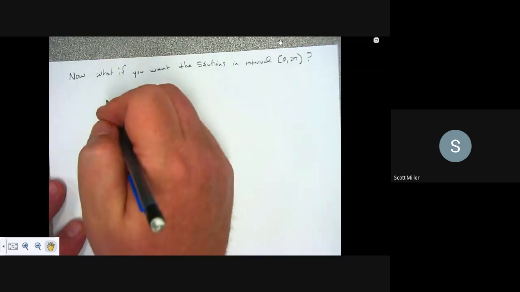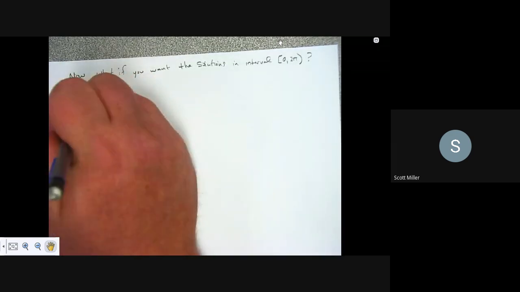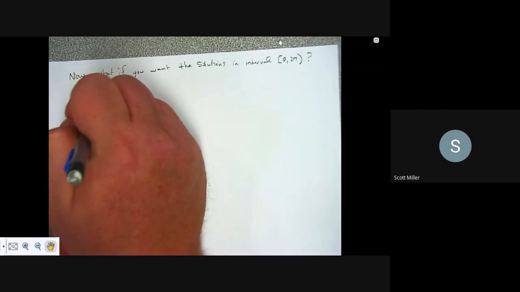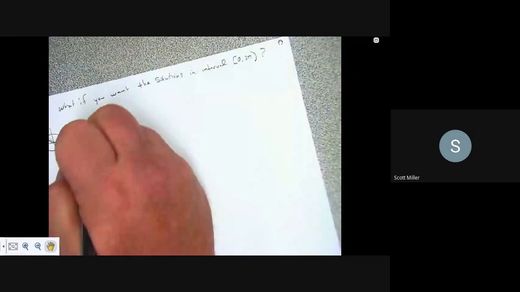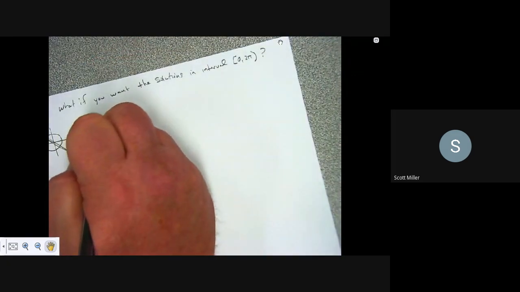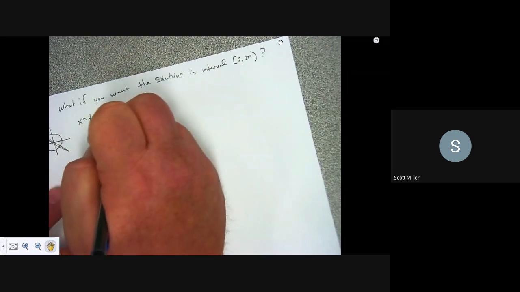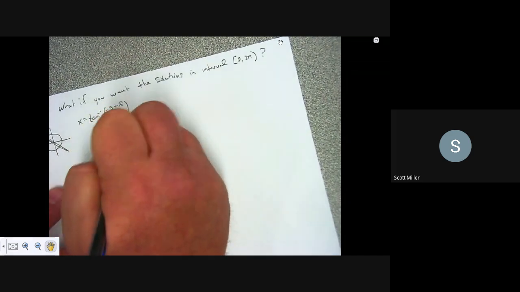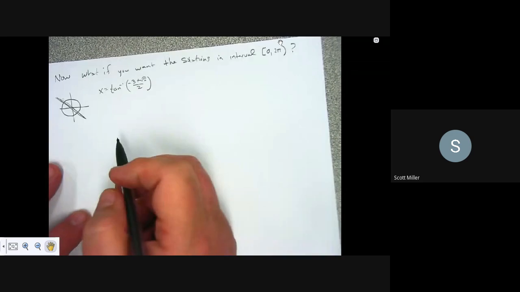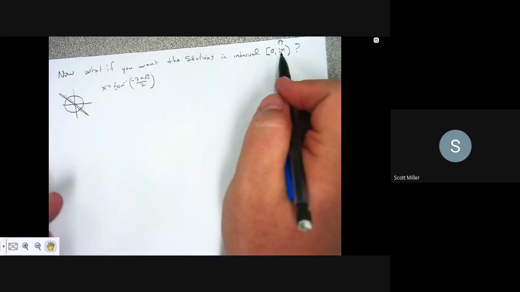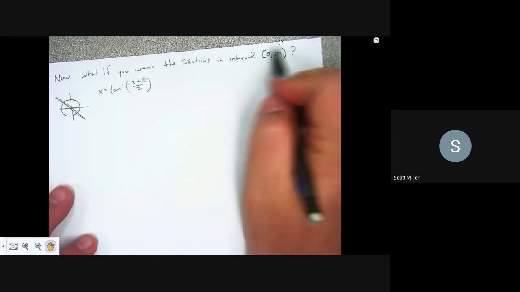Let's go back to what we had before. So we had this thing. We had our unit circle. We had these angles over here. And we found out that x equals the inverse tangent of negative 3 plus the square root of 5 over 2. Now, since I'm on the interval, I can only have answers in this interval.